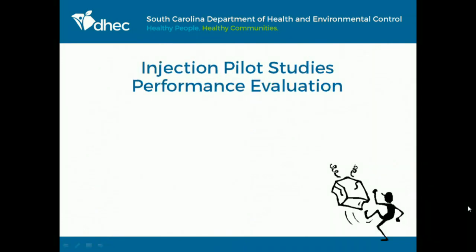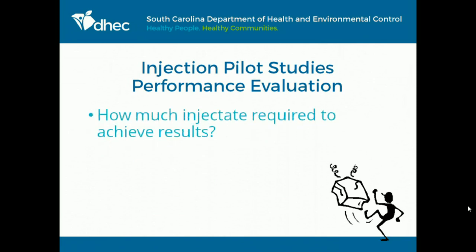So here are some of the performance questions that can come out of an injection pilot study. How much injectate is going to be required to achieve your desired results? How many treatment events are you probably going to need to achieve those goals? Do you create any byproducts that are more toxic?